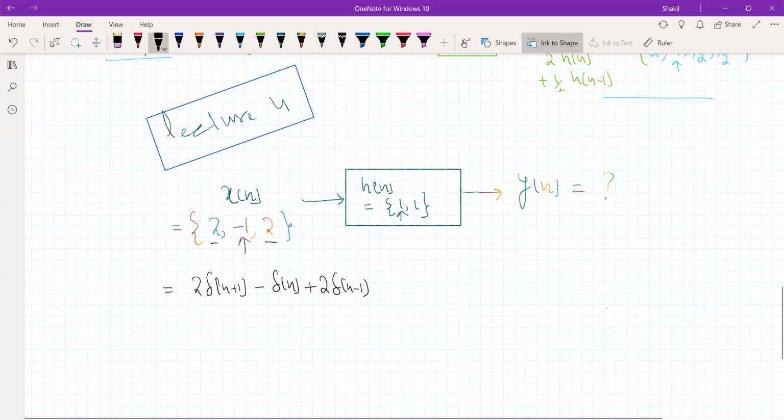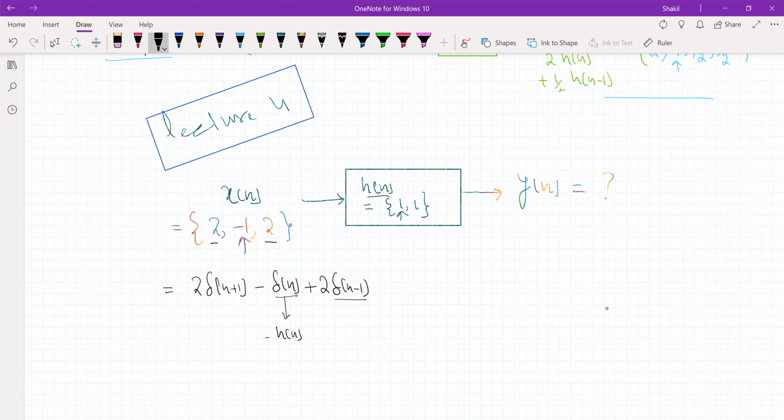So this is the meaning of resolution. Now we know that if the input is delta n, the output is h of n. Same way, if the input is twice delta n, the output should be twice h of n.